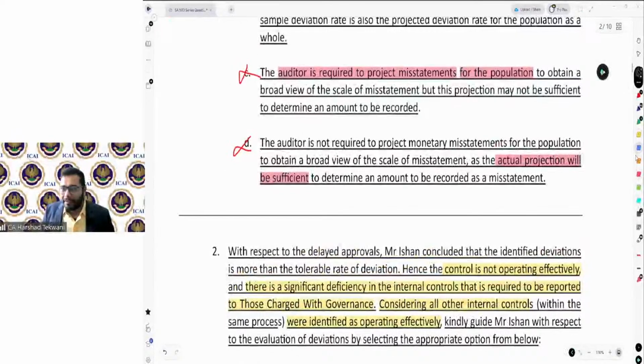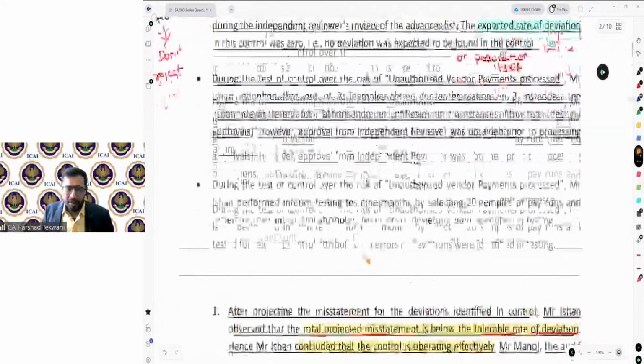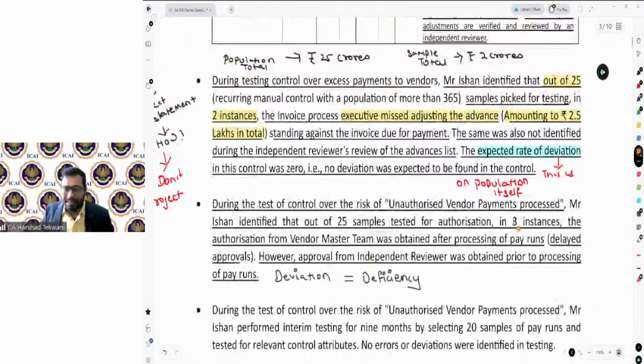Will this become a significant deficiency, because I have identified 3 samples in this particular one? If I say deviation is a deficiency, can I say these 3 instances are resulting in a significant deficiency? Can I say this is a significant deficiency or not?